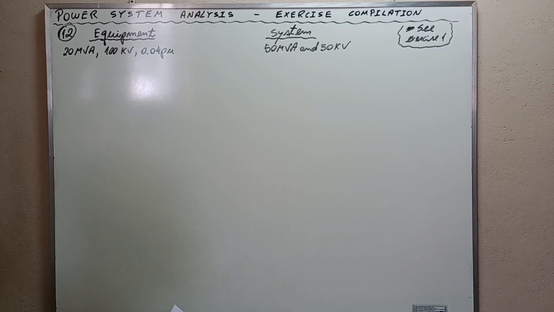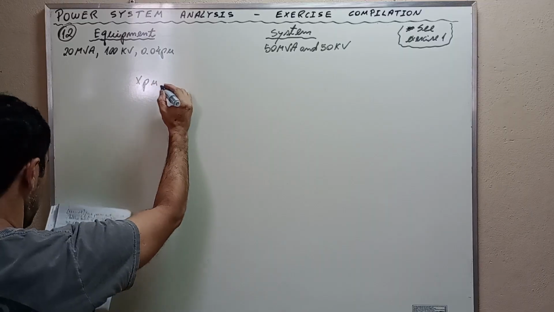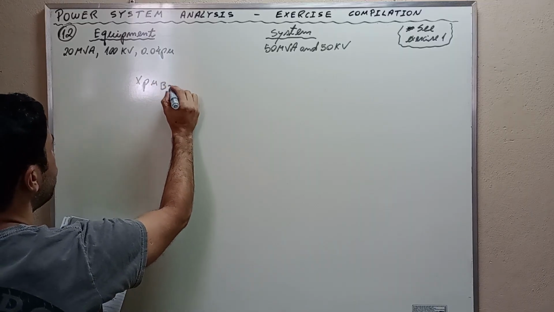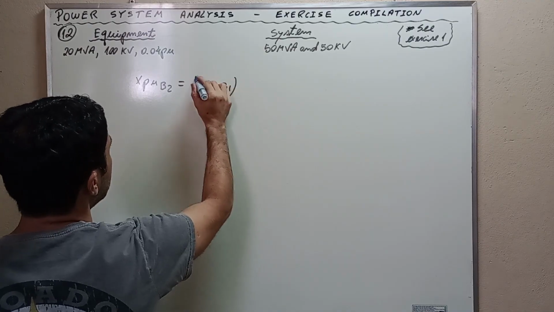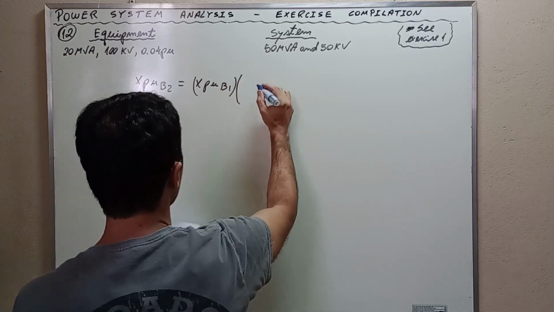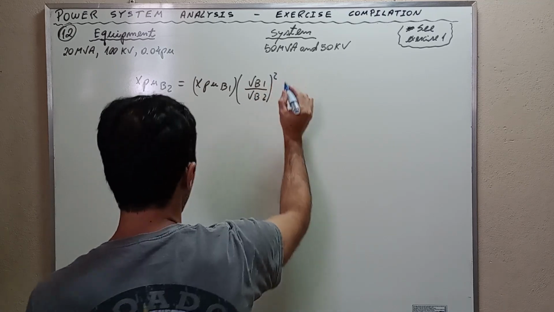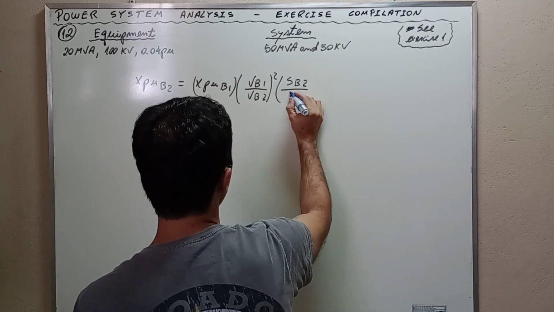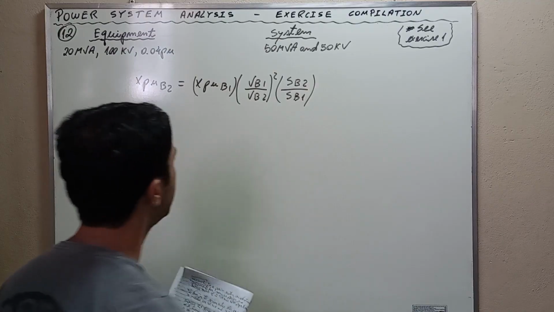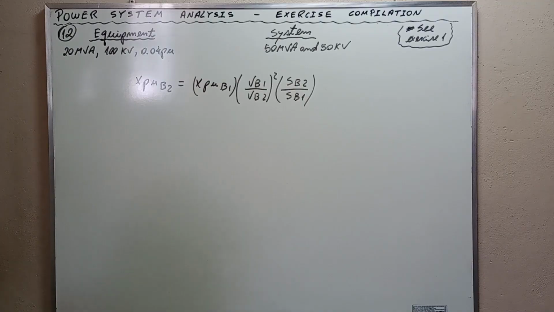Back then we understood that X pu B2 is equal to X pu B1 times (VB1 over VB2) squared times SB2 divided by SB1. I demonstrated how to arrive at this expression in exercise 1. You can return to see how it arises, alright?